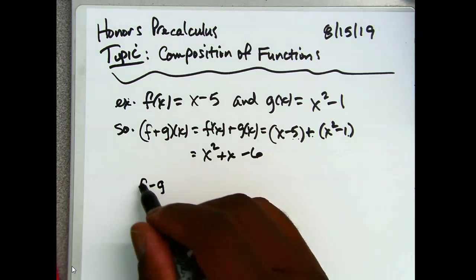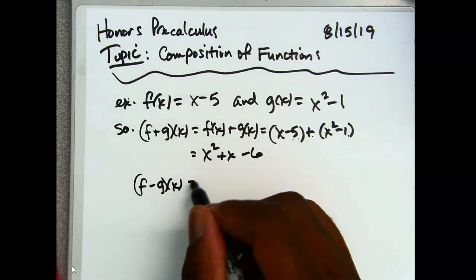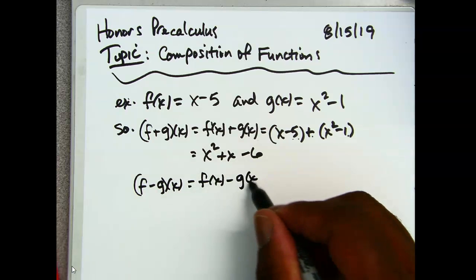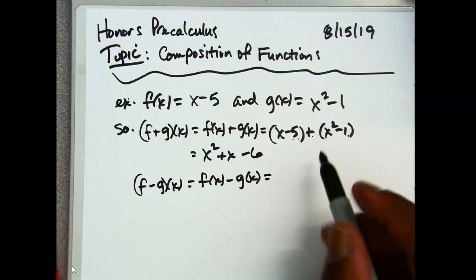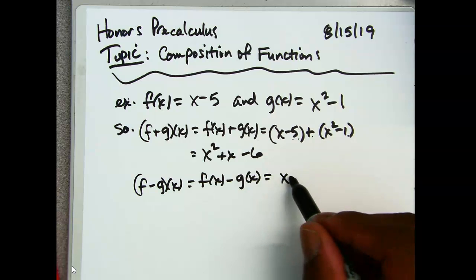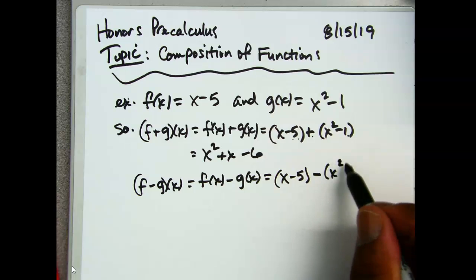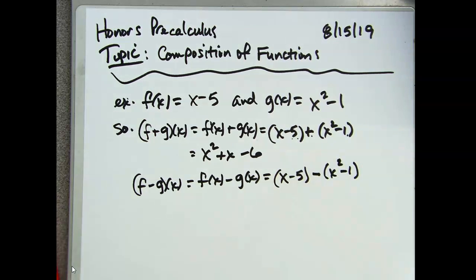f minus g of x is f of x minus g of x. So for that one, we have x minus 5 minus x squared minus 1. What we always have to remember here is we do have to distribute our negative sign.